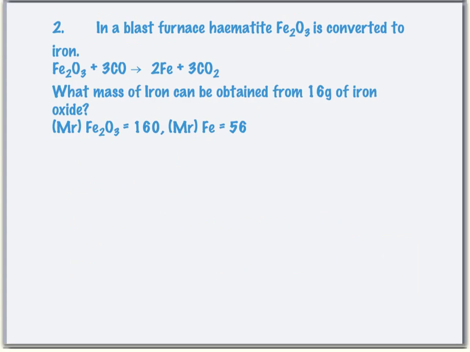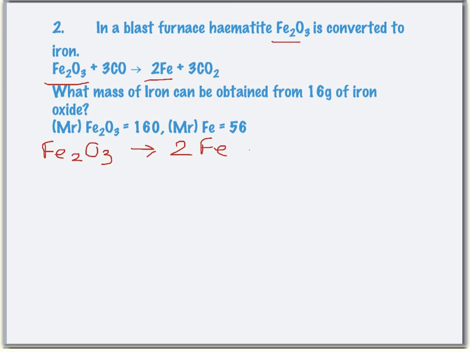So in a blast furnace, the compound hematite is converted to iron. So here is our formula, the balanced equation for this. There's the hematite. So 1 mole of hematite, Fe2O3, actually makes 2 moles of iron. So Fe2O3 makes 2 moles of Fe.